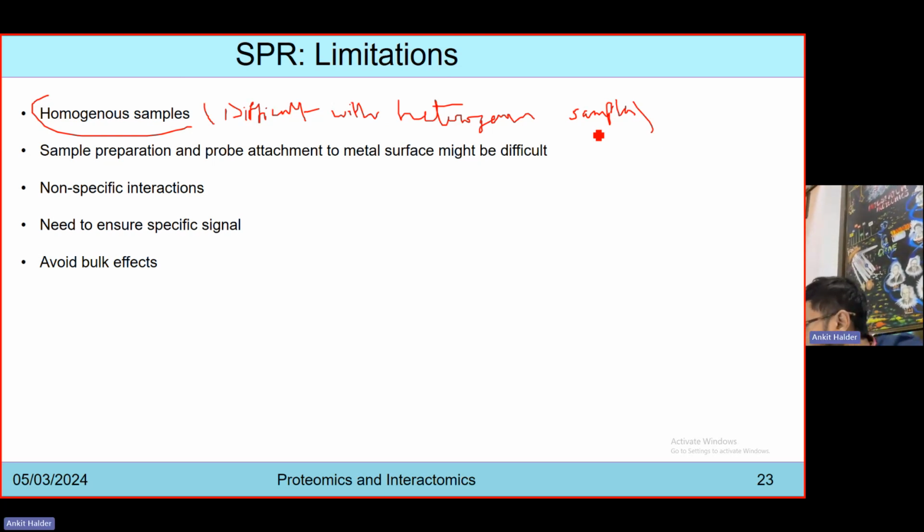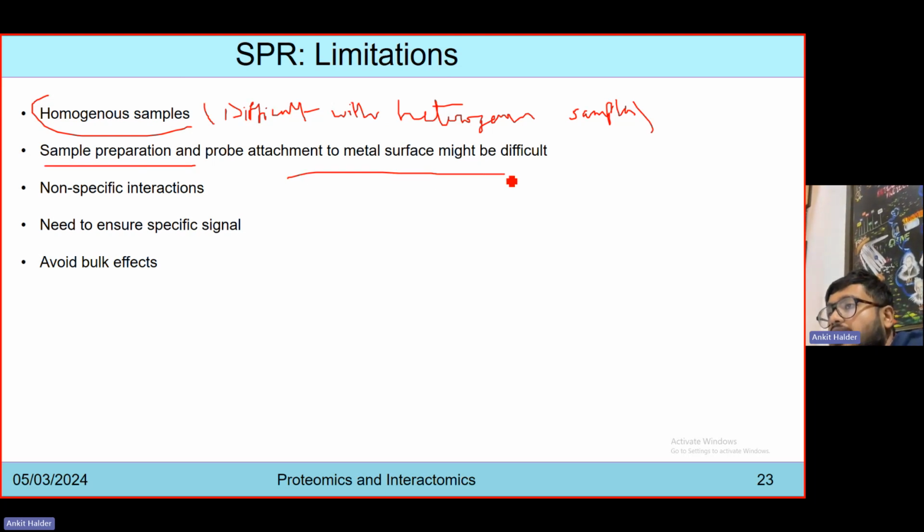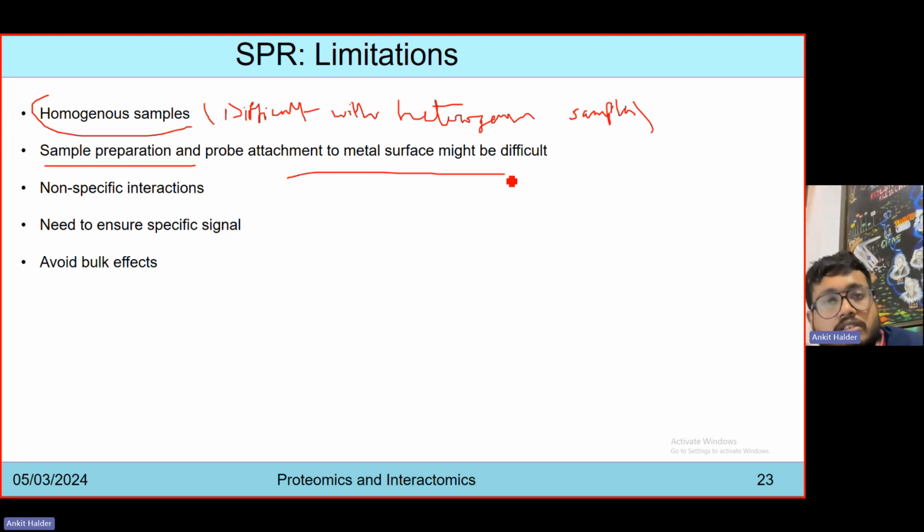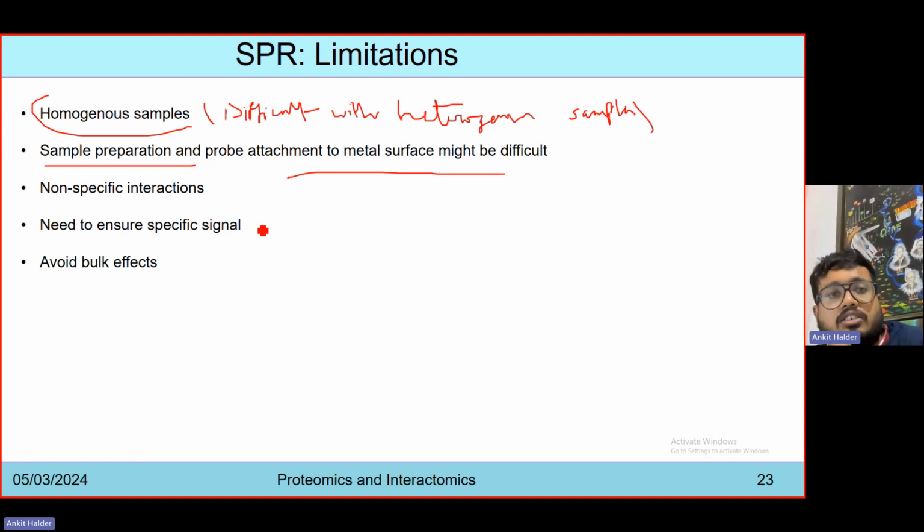So it is difficult with the heterogeneous samples. Then sample preparation and the probe attachment to the metal surface might be difficult. So the sample preparation and those attachments to the metal surface might be a little bit difficult and can be tricky to some extent.